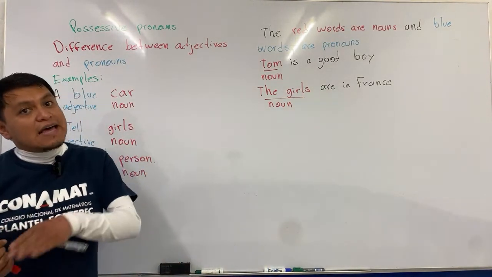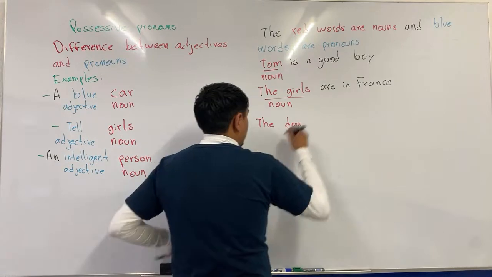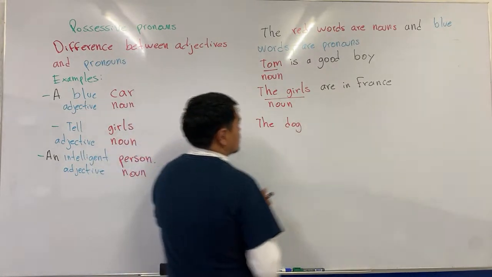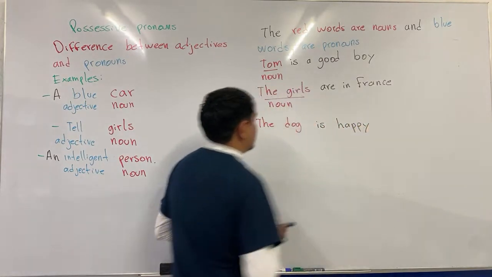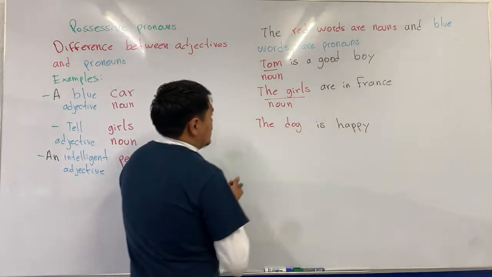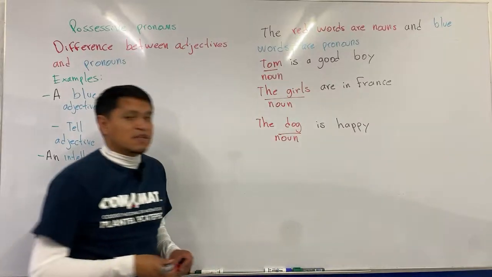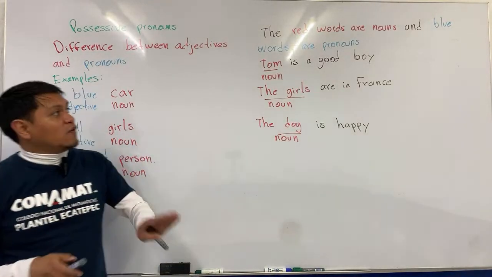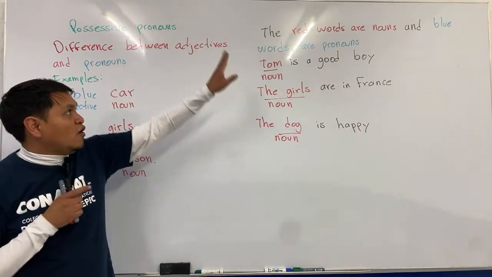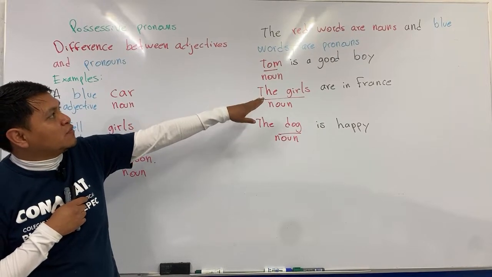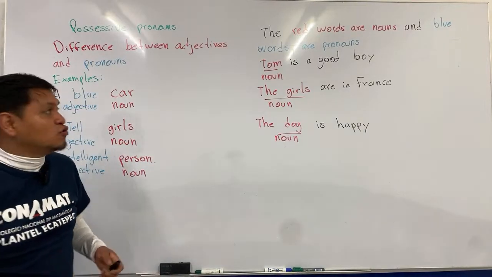The dog is happy. Right? This is the noun, the dog, right? Now, in blue, I'm gonna write some examples of the pronouns, right? In blue, of the pronouns. He is a good boy. Check.